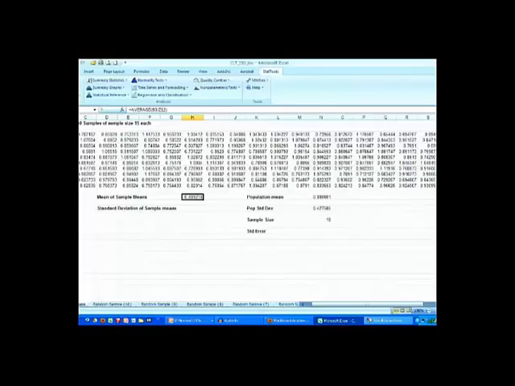And I would propose to you that if instead of 250 sample means here, I had 2,500 sample means, the mean of those sample means would converge much, much closer and ultimately right at the population mean of 0.8806. But as you can see, just with 250, we get very close.